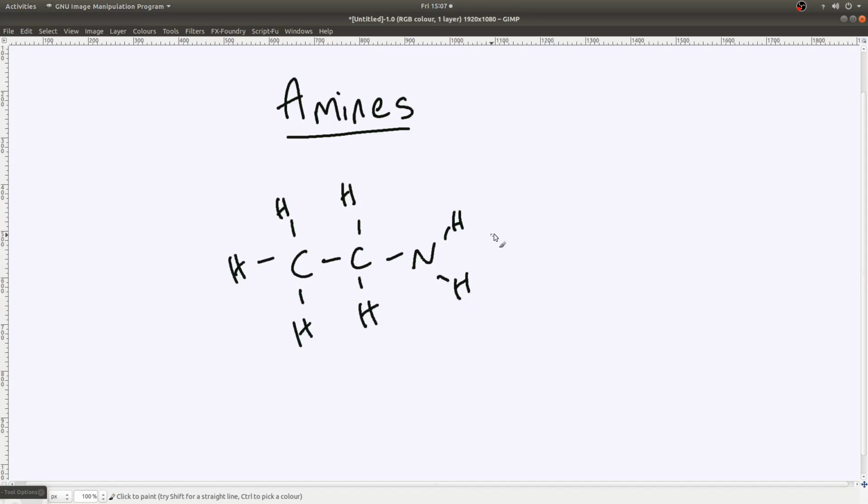Here we are. So an amine is a molecule that contains an NH2 group, as we can see here at the end of the molecule.